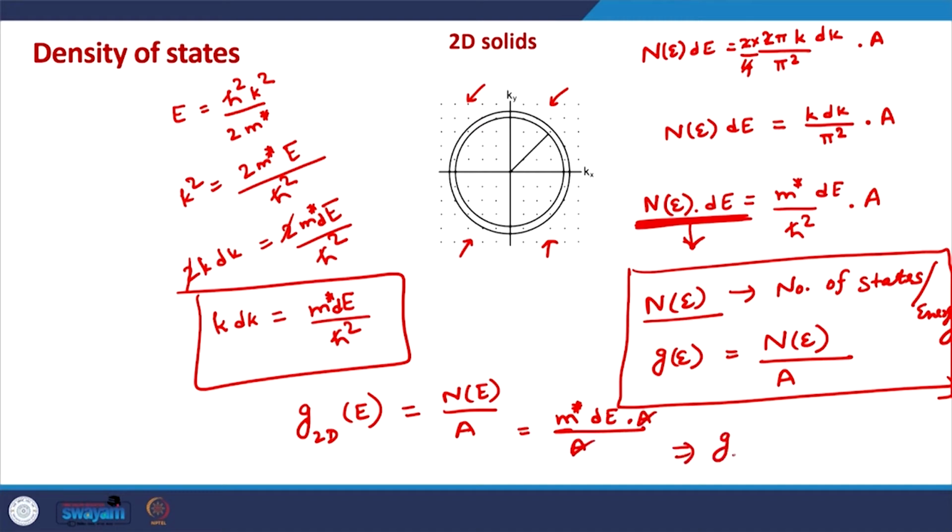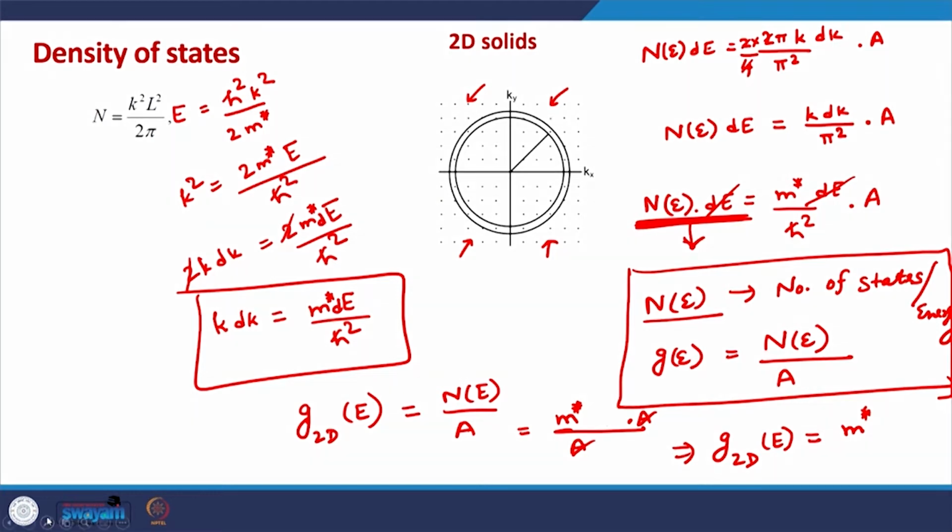Since Ne is m star A by h bar square, the dE also goes away.